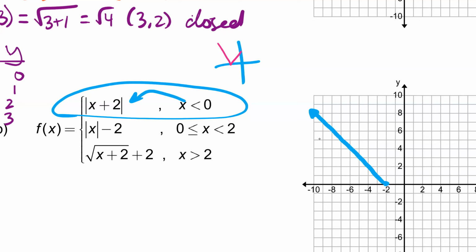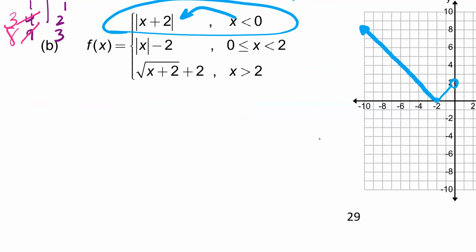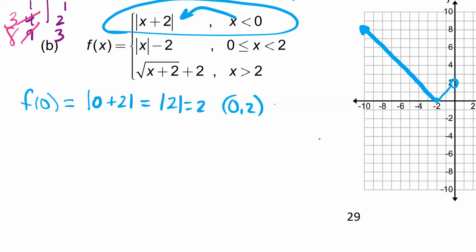Am I going to have an open or closed circle at x equals 0? Open. Okay, so let's go through how we found that. So I'm going to say f of 0, I'll plug it in. Absolute value of 0 plus 2. Why is this not working? I literally just put a new tip on my pen. Absolute value of 2 is 2, so I have a point at (0, 2), but it's going to be open because it's not an "or equal to."